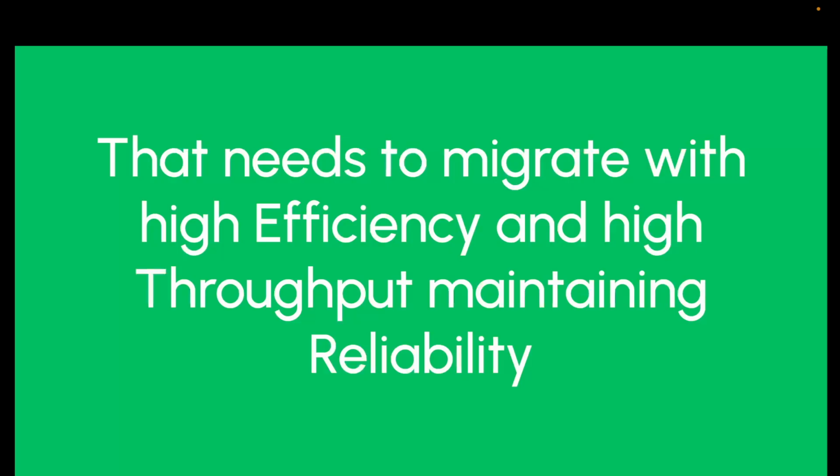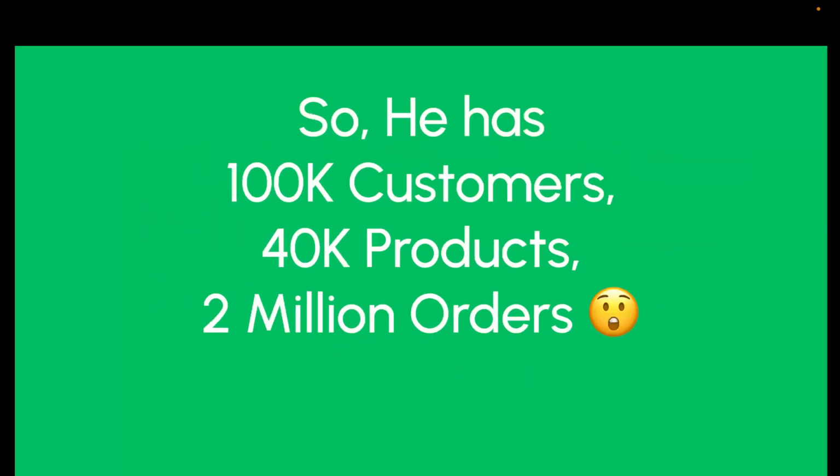And maintaining reliability means, suppose we have 2 million orders, we need to migrate 2 million orders as per Shopify allows, because if some format is not allowed by Shopify, that means it has some fault or faulty data.